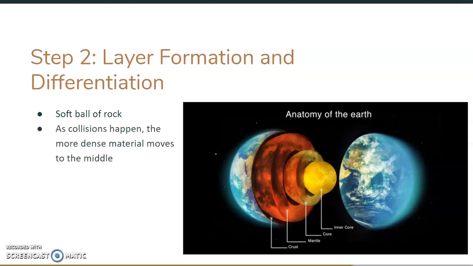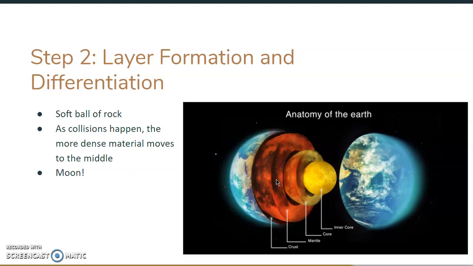And that's kind of how the Earth happened. The collisions of other rocks flying around in outer space forced the dense material to go into the center of the Earth, into this very inner core. So all our dense material moved there.